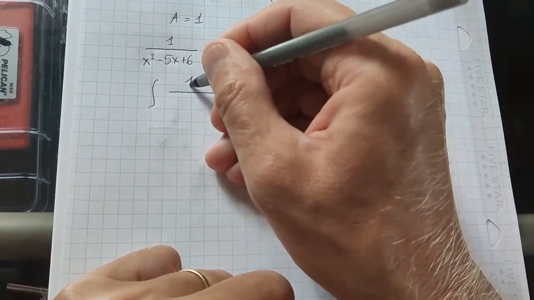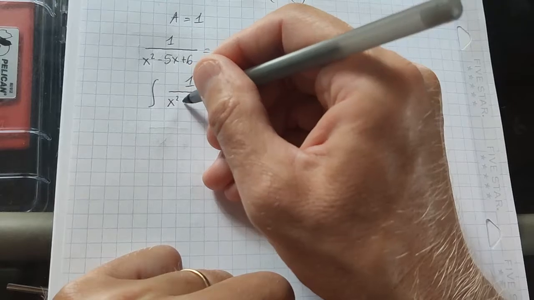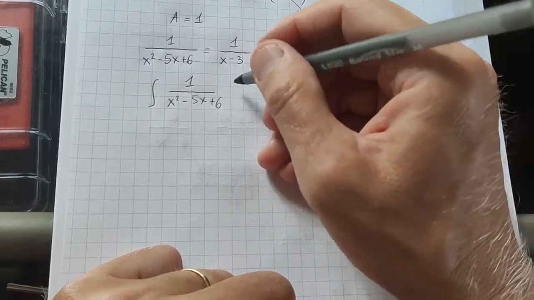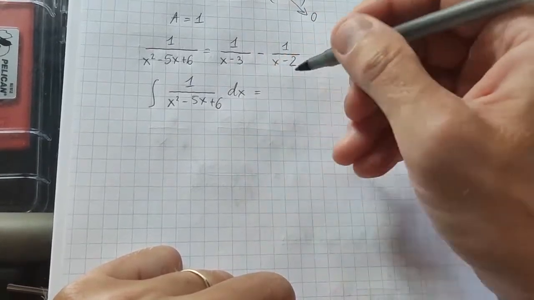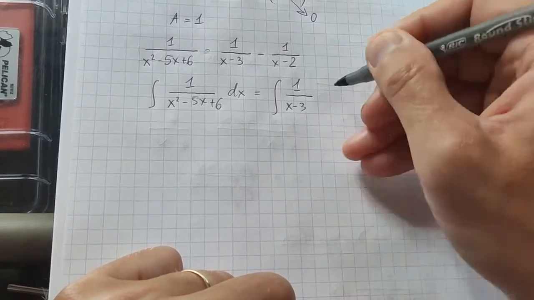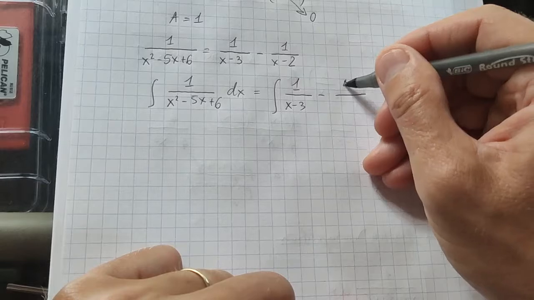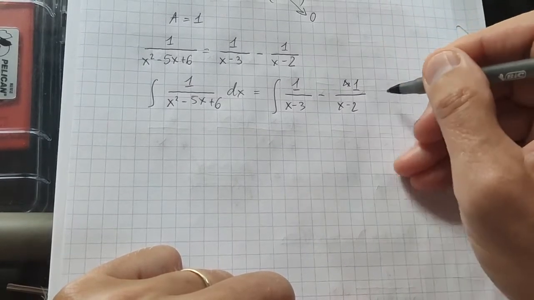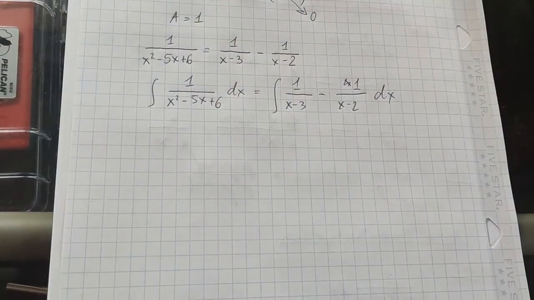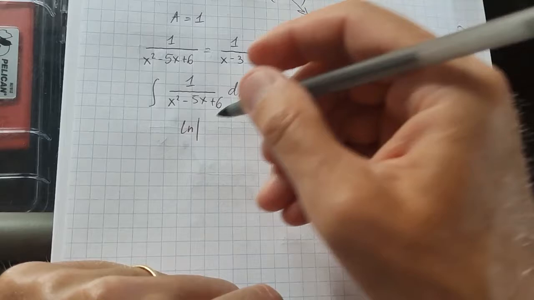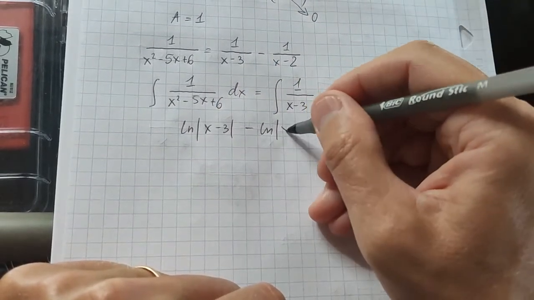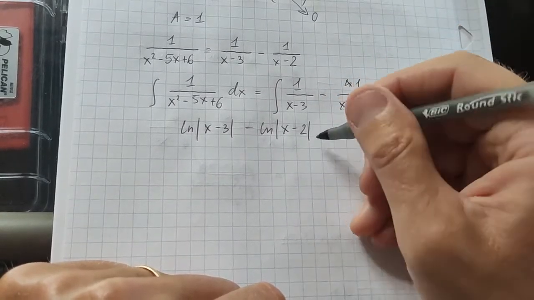Lots of algebra in this section. So this was my original, and this is my decomposed: the integral of 1 over x minus 3 minus 1 over x minus 2 dx. We split into two integrals, and we get natural log of x minus 3 minus natural log of x minus 2 plus c.